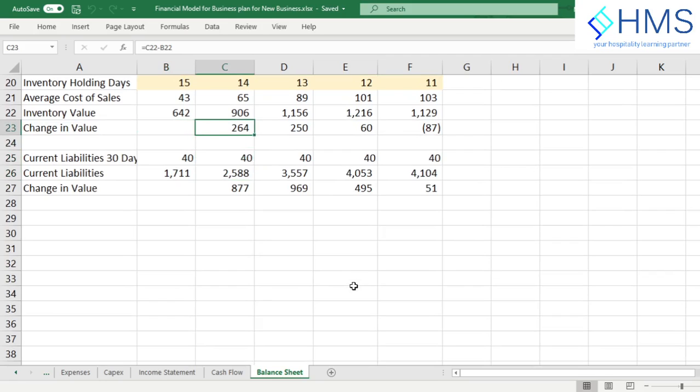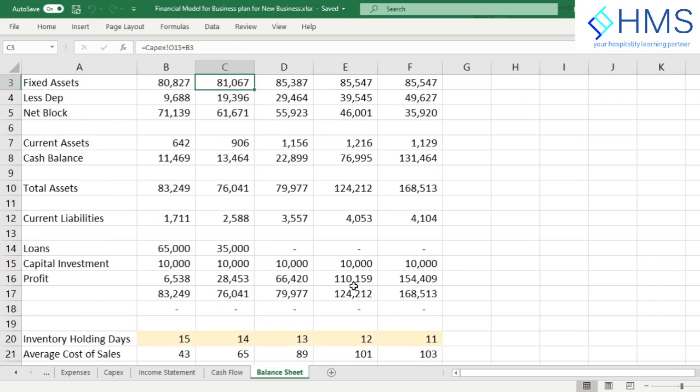We calculated the change in values from the previous year, and then we put it into the cash flow, because that is the right thing to do. Once we did that, the total of our balance sheet matched in other years as well.